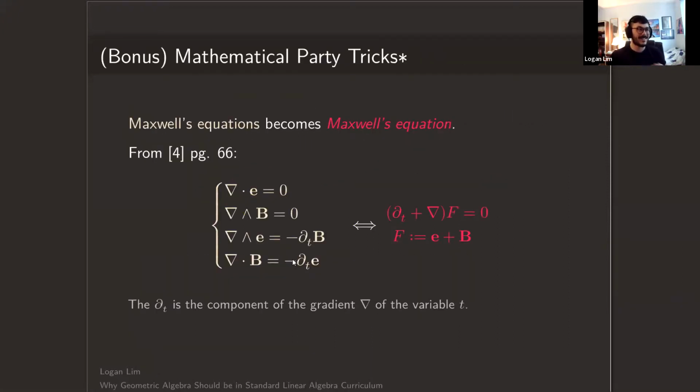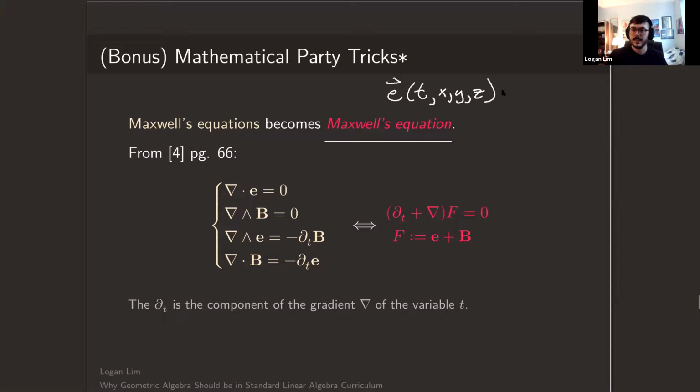So here's something that's of importance to physicists, but I'm going to be disrespectful and call it the mathematical party trick for our purposes. Maxwell's equations in electrodynamics actually become Maxwell's equation. How is that possible? So E here is an electric field. It takes a time parameter and a point in R3, so let's just say x, y, z.